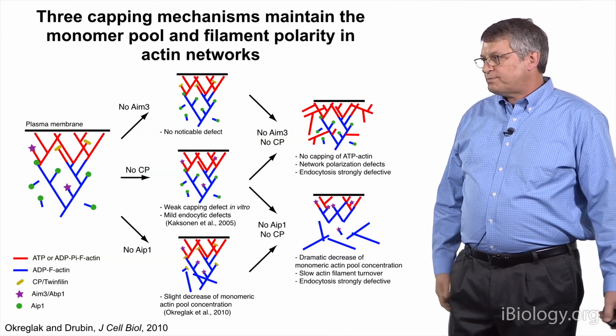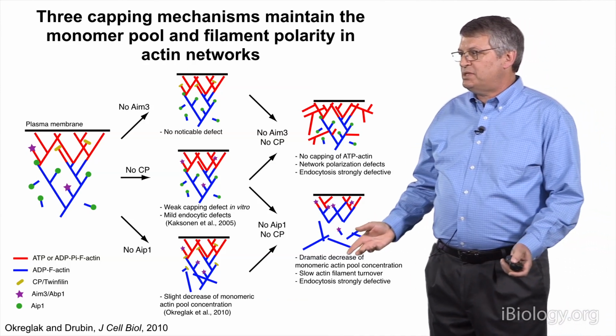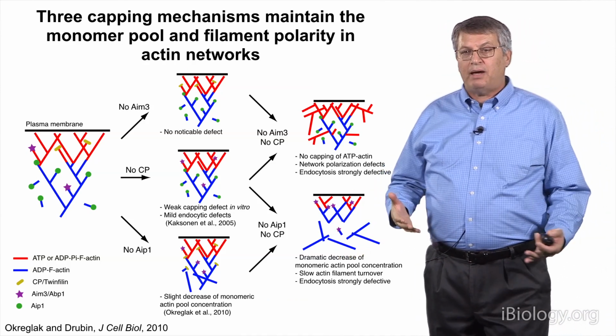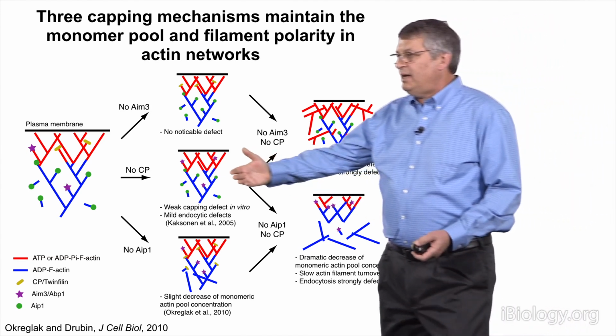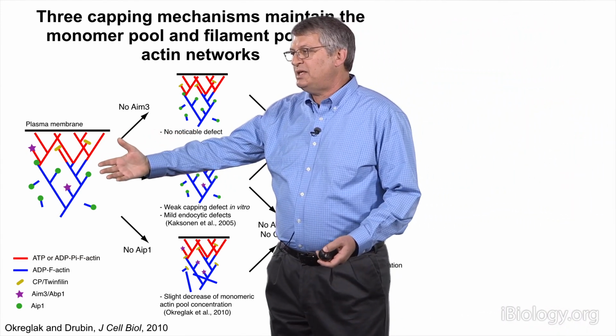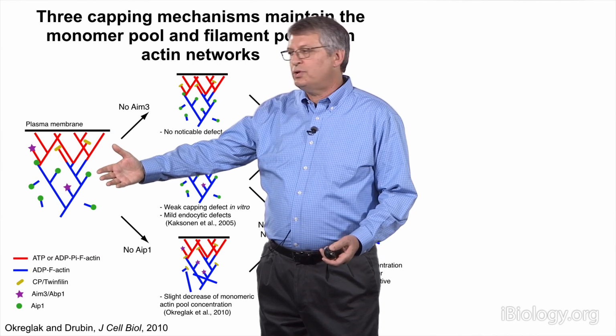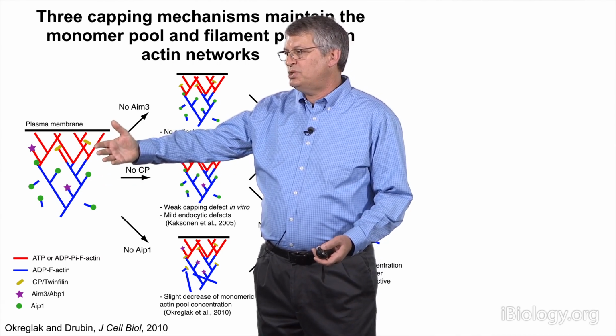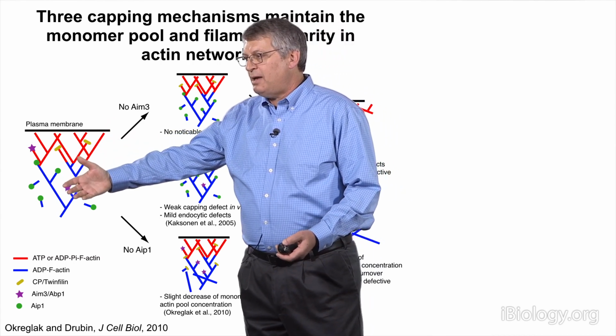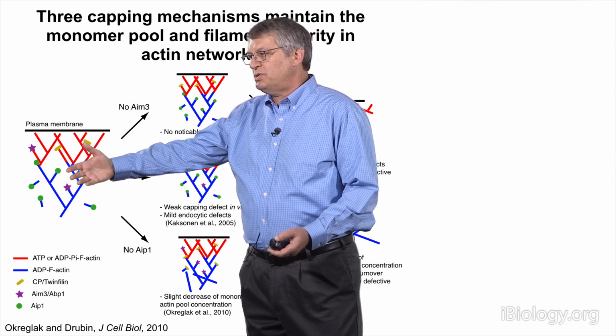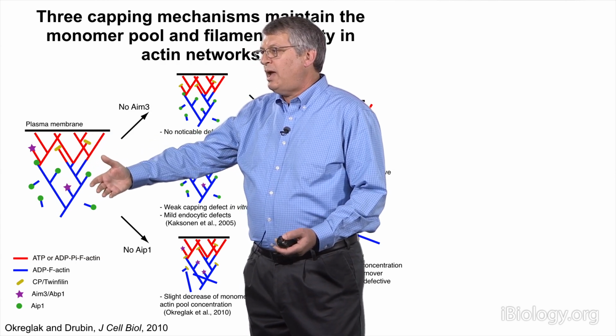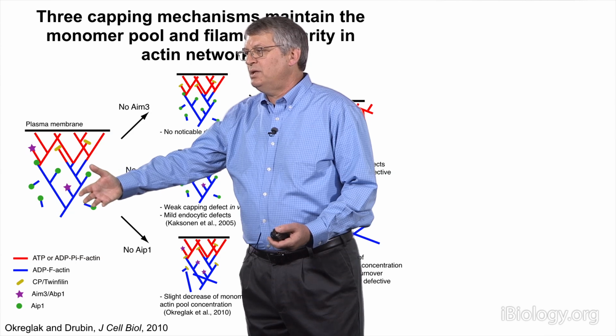And so what we conclude from these experiments, both combining genetics and biochemistry, is that in a normal wild-type cell, there are at least 3 mechanisms for controlling the growth of actin filaments. There's capping protein, shown in yellow here. There's this ABP1 protein that works with AIM3 in purple. And then there's AIP1 in green.